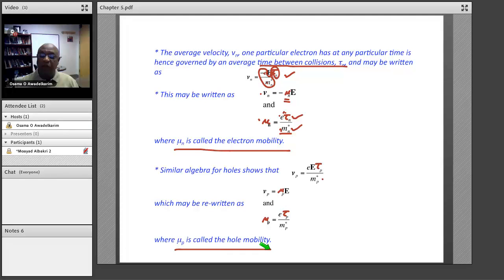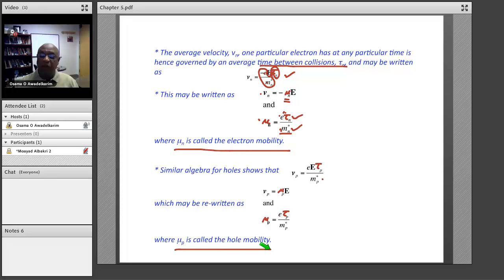So now we're seeing very important parameters. Remember, all of this is drift, motion in an electric field, drift of carriers. So we're coming up with the concept of average time between collisions, and the concept of electron mobility and hole mobility.